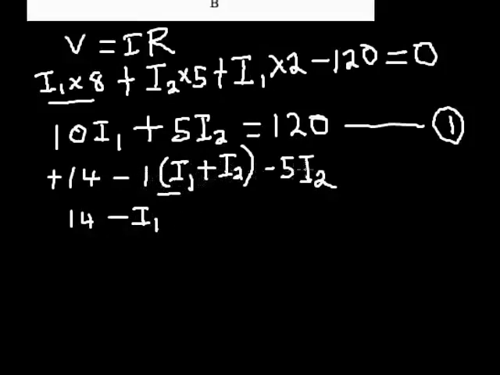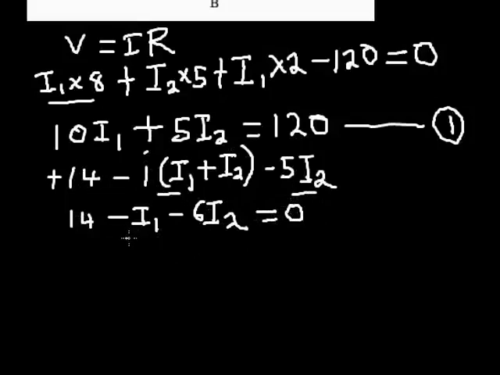Minus I2 minus 5I2 will give me minus 6I2. Let me see, if I open this bracket and collect items, that's going to be 6I2, then of course is equal to 0.